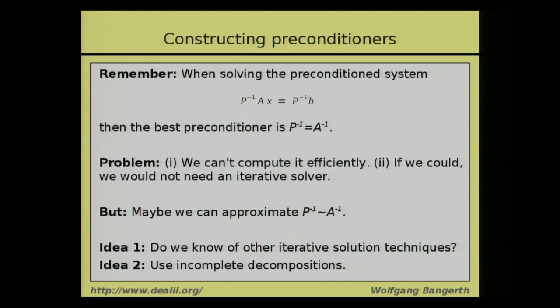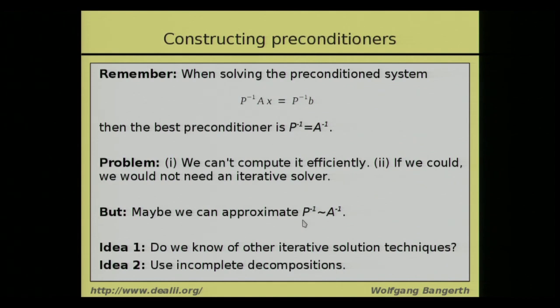So how do we do this? We said that the best preconditioner would certainly be A to the minus 1, but we can't compute it efficiently. And if we could compute it efficiently, then we wouldn't need an iterative solver to begin with. So the goal of preconditioners is to somehow approximate this.